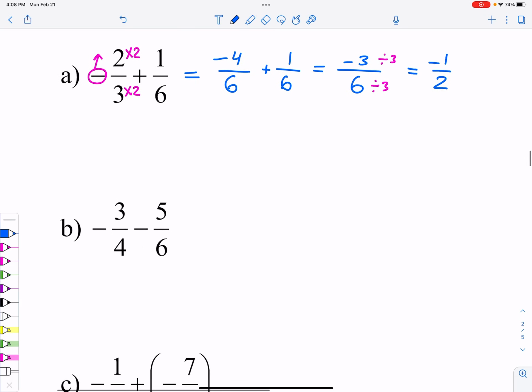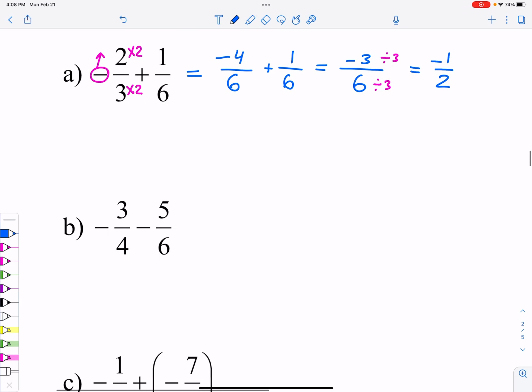Okay, let's try the next one. Here we have a 4 and 6. So for a 4 and 6, we could put them both to 12, or you might not realize that there's a common denominator of 12 between these two numbers.